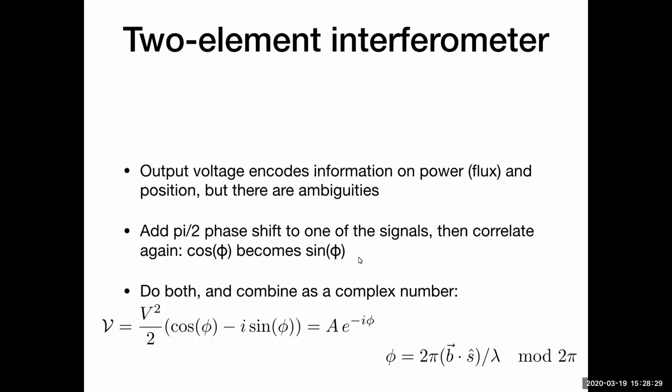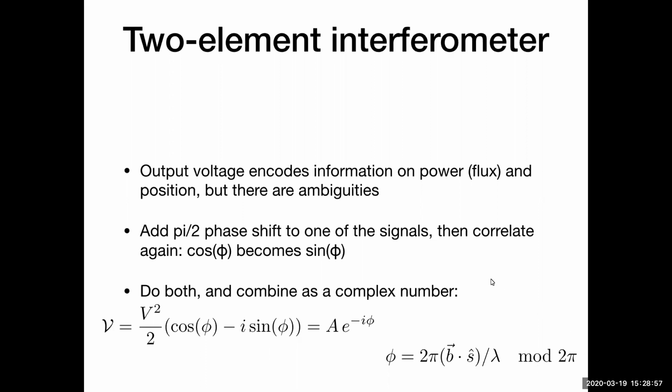And so if you do that, you then have 2 measurements: a measurement of v squared times the cosine of the phase difference, and a measurement of v squared times the sine of the phase difference. And so this removes the ambiguity of pi by 2 versus 3 pi by 2 phase difference. It doesn't remove the 2 pi ambiguity.